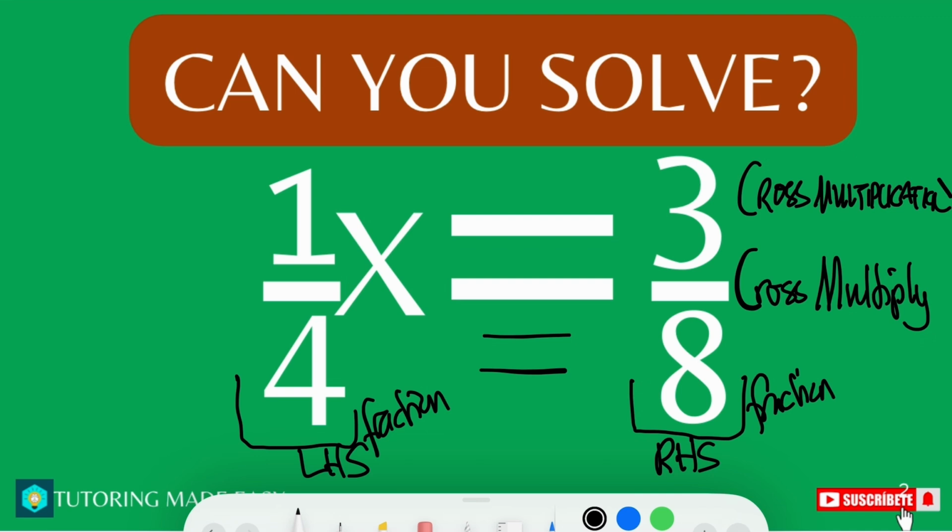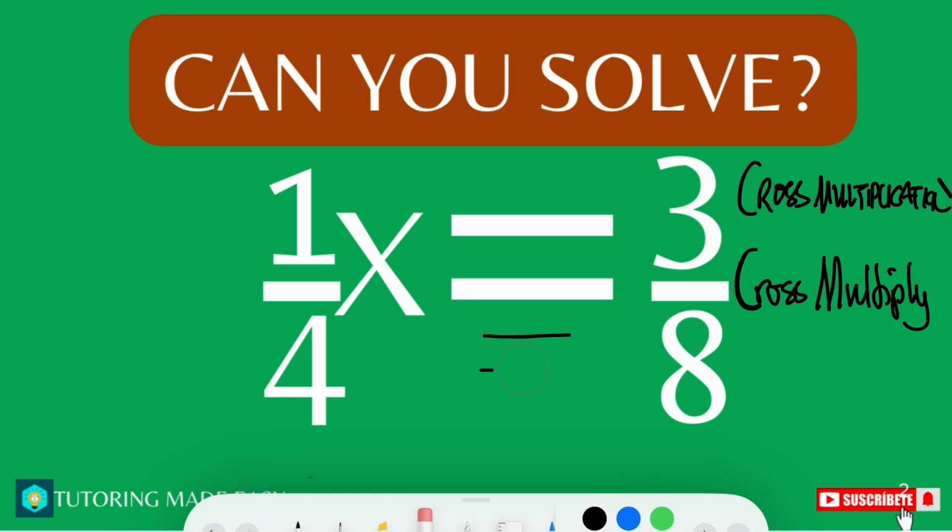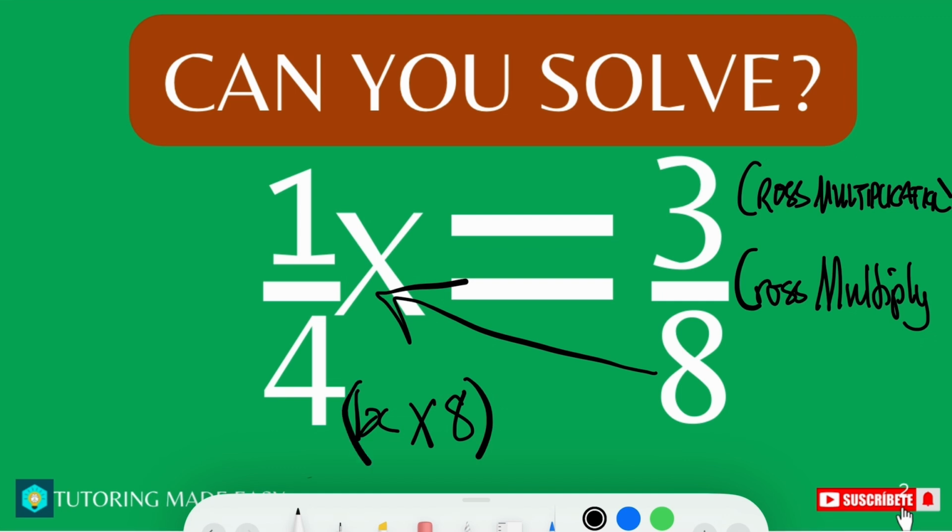And what do we mean by cross multiply? What we mean is that this 8 here is going to multiply that 1x. So we have 1x multiplying 8 on one side. Then we bring our equal to sign, and this 4 here is also going to multiply this 3.